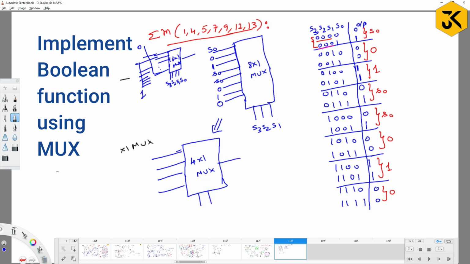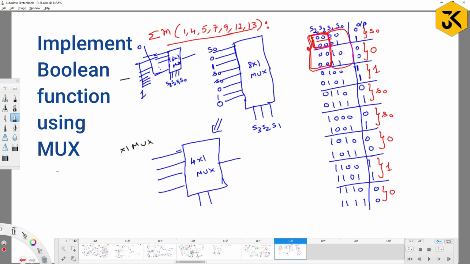So you can make an assumption like this: consider S3, S2 as inputs. If I take S3, S2 as inputs, these will all be the same, meaning that only S1, S0 are going to change.